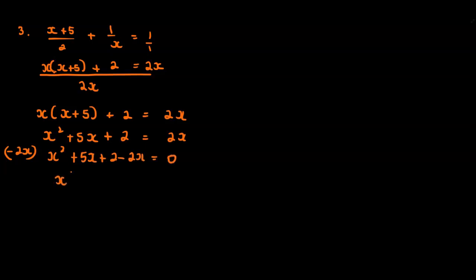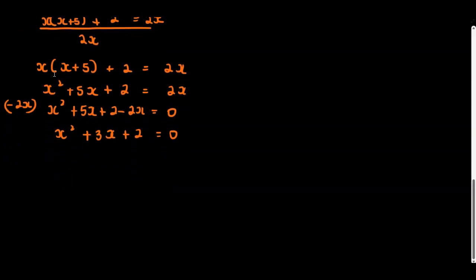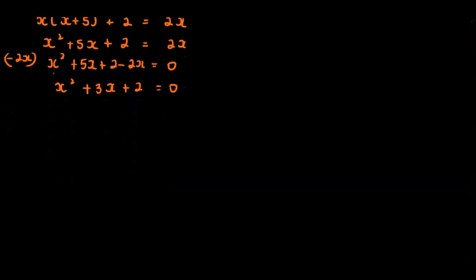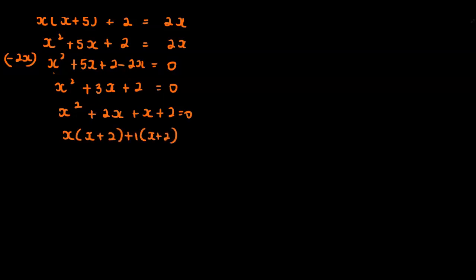So you're going to get x squared plus 3x plus 2 is equal to 0. And then now this is x squared plus 2x plus x plus 2 is equal to 0. So you're going to get x into x plus 2. Put back the x plus 2 again. This will just be plus 1 is 0. So we're going to get x plus 1 into x plus 2 is equal to 0.